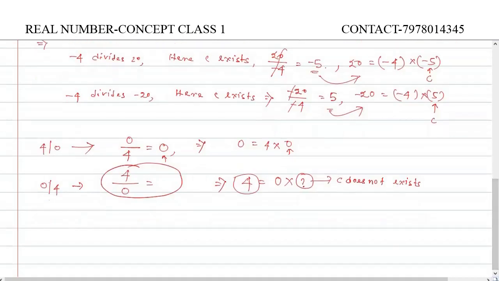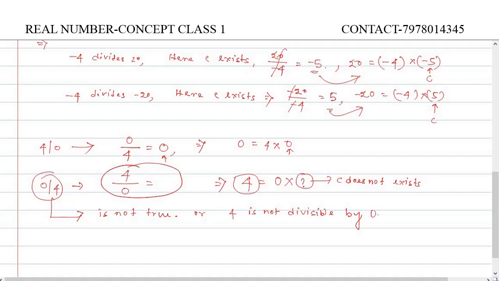So this statement, 0 divides 4, is not true. Or we can write 4 is not divisible by 0. So we cannot write this statement in this format.